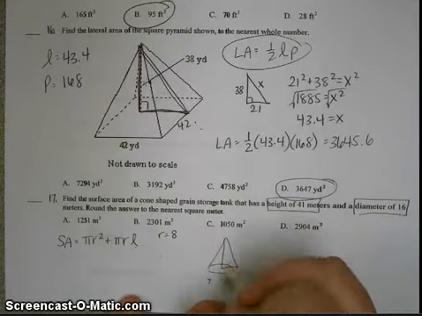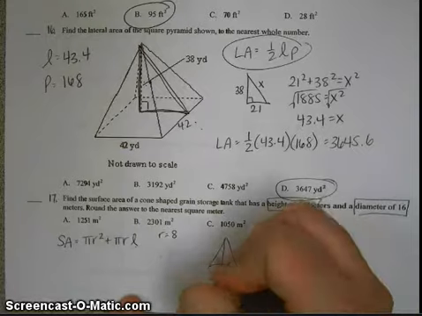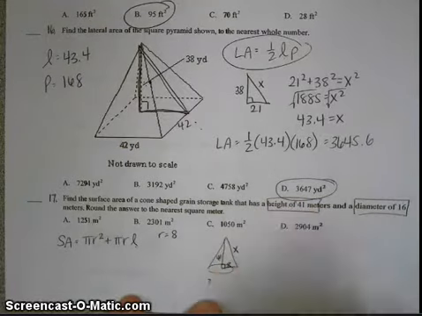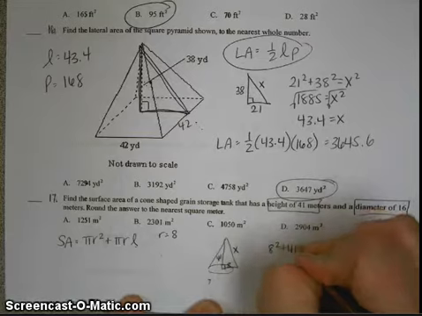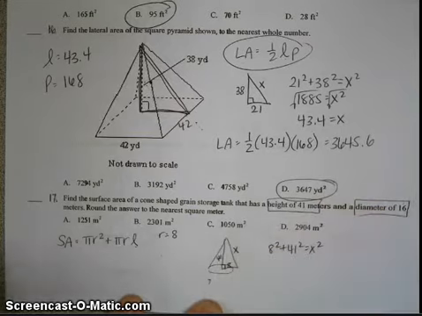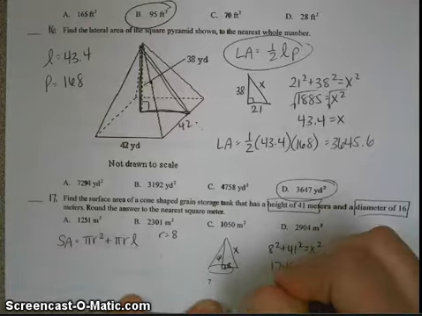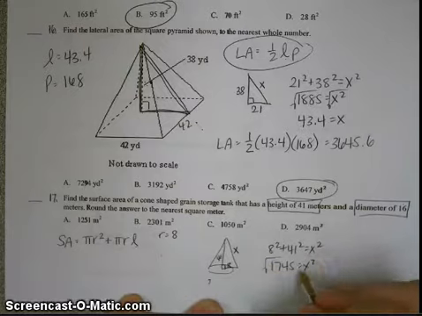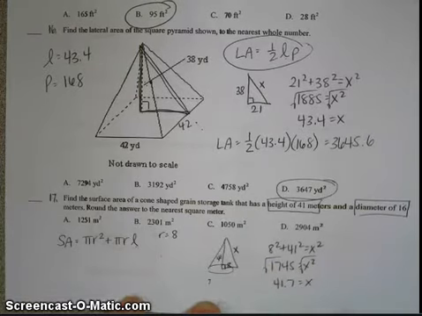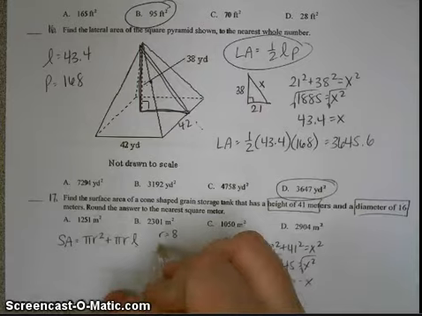I know my radius is 8. I know the height is 41, but I need the slant height. So 8 squared plus 41 squared equals x squared. Gives me 1745. Take the square root. 41.7 is my slant height.